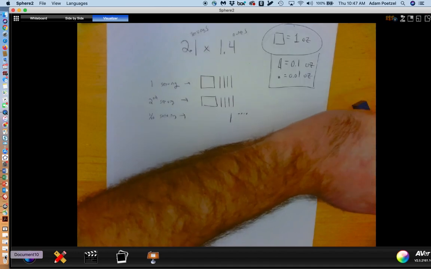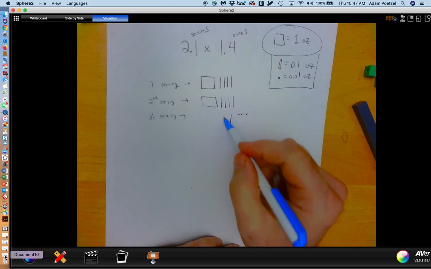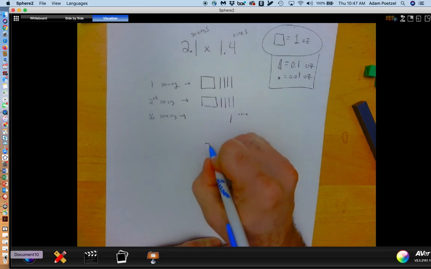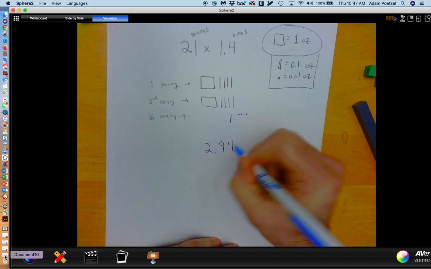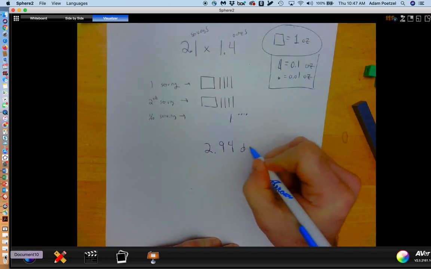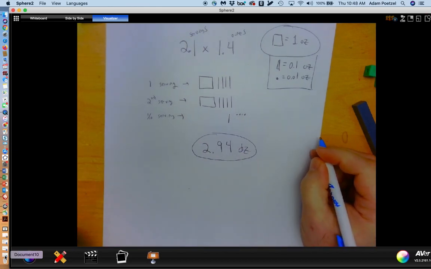So if we were to group this back together, what do we have? Well, I have 2 whole ounces, I have 9/10, and I have 4 of the hundredths. I said pounds a lot, I'm sorry. It should be ounces of blue cheese. So let's see if we can verify it.